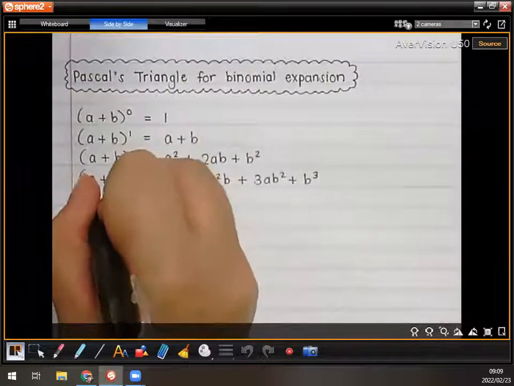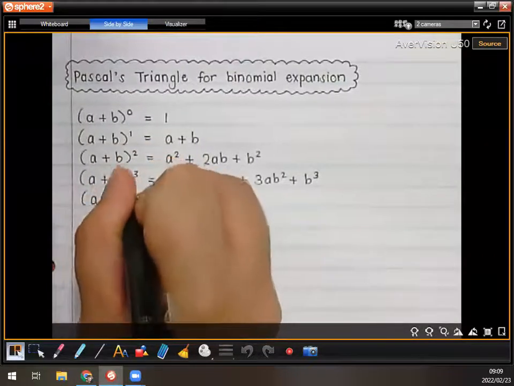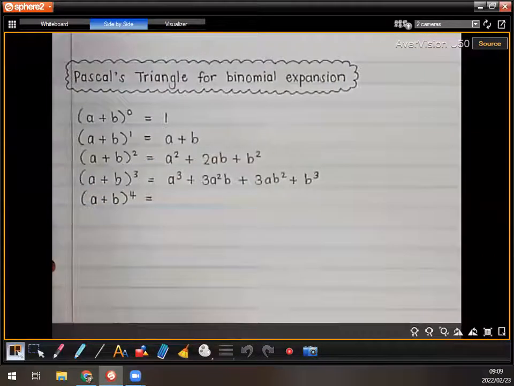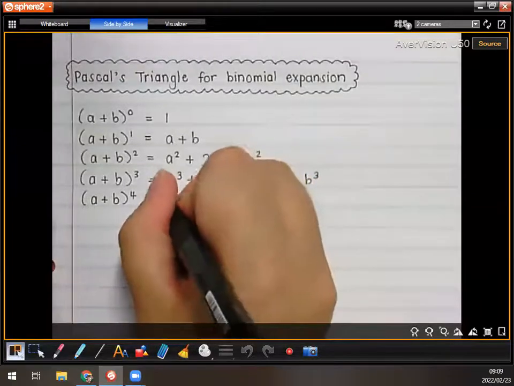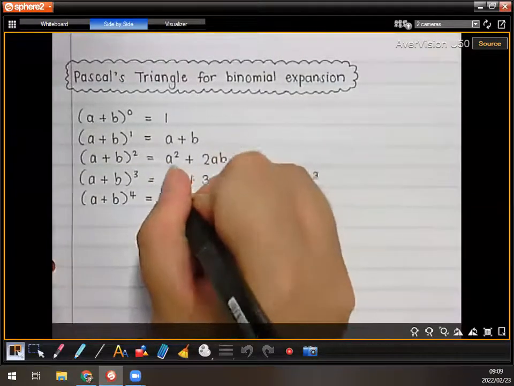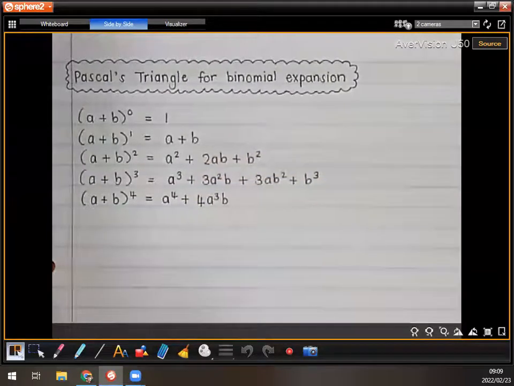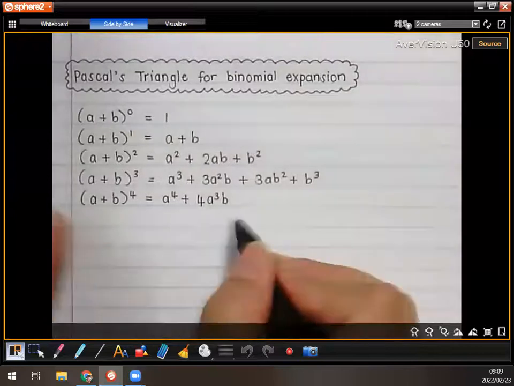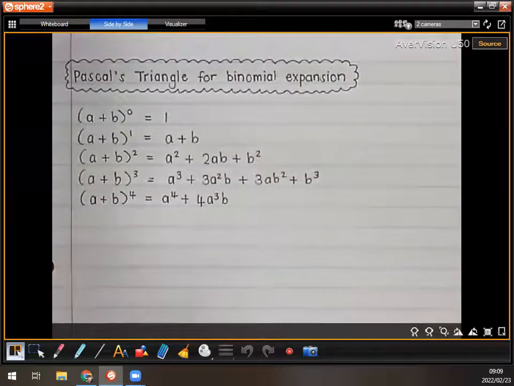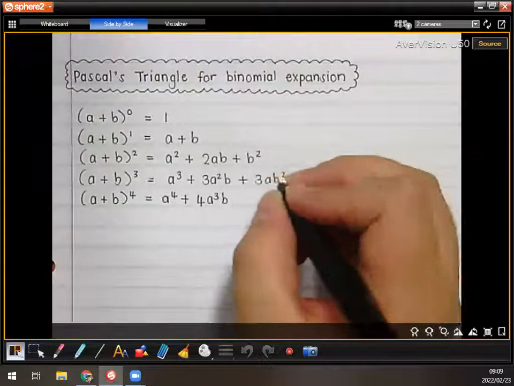Then a plus b to the 4, we didn't actually look at this as a shortcut. So it's going to be a to the 4, and yes, there is a 4a cubed b, but I'm just going to write that one next. Don't worry about these now, guys. I'm not going to take you through the shortcut. Like I said, this is all kind of extra stuff.